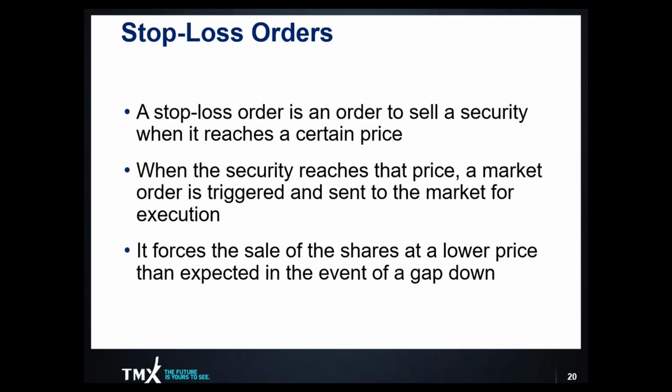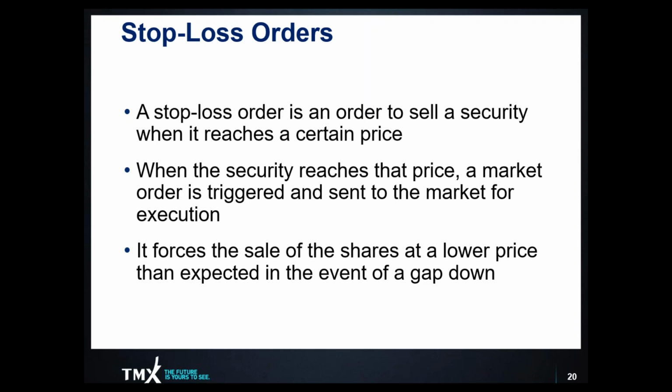So recognize that a stop loss order is an order to sell a security when it reaches a certain price. Now, the important consideration is the price that you allocate for that stop loss order is really just a trigger point. When the security reaches that price, a market order is triggered and sent to the market for execution.